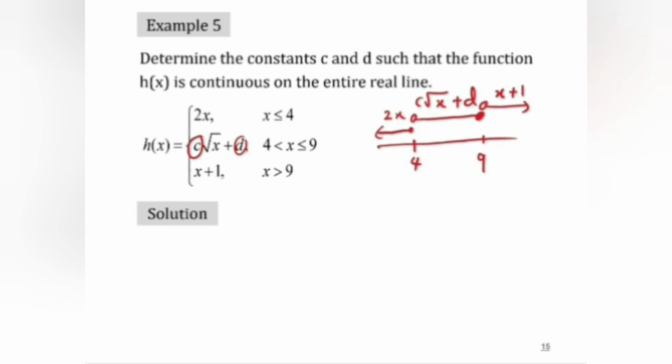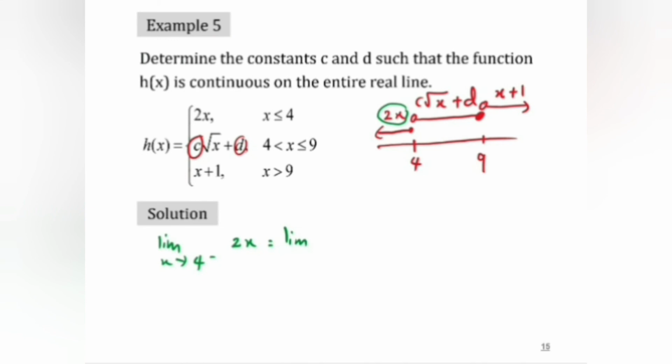We know that the function is continuous on the entire real line, so we can apply the second condition of continuity, which is left hand limit equals right hand limit. First, we compare the left hand limit and right hand limit for 4. For the left hand limit, we should use the function 2x.